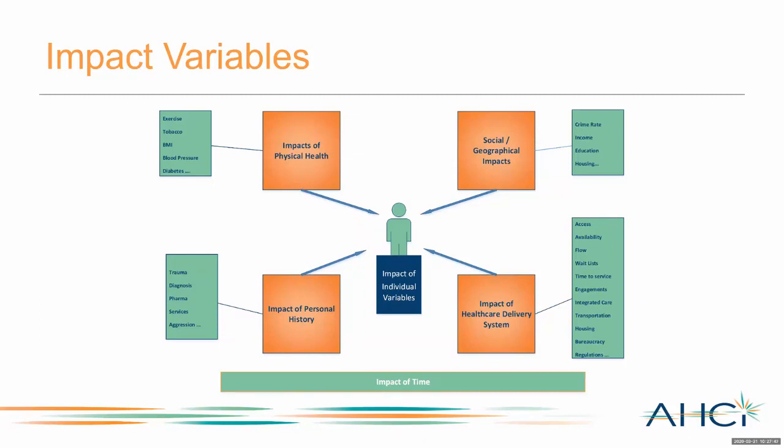So these are the variables. We're looking at physical health, social and geographical impacts, and personal history. So whether someone has a trauma, early childhood trauma, is a key variable that determines long-term service utilization. Also, there are impacts of the healthcare system in and of itself.